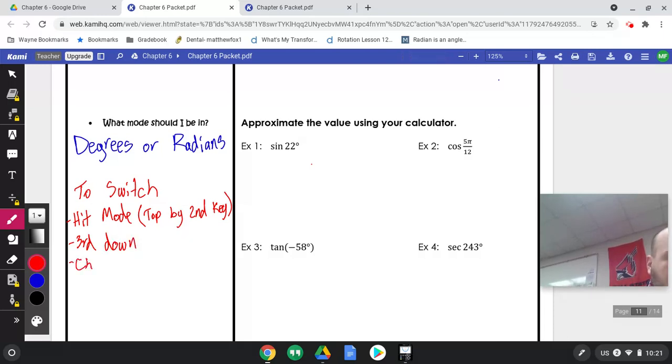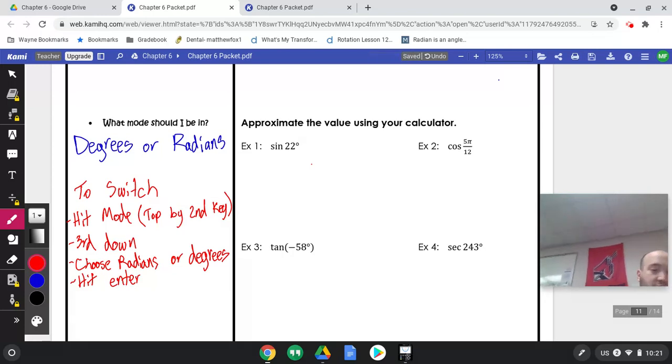And you choose radians or degrees. And then you hit enter. All right. Now, if you're not sure, then you hit clear or second quit. You can write that, but I think most of you can figure that out.